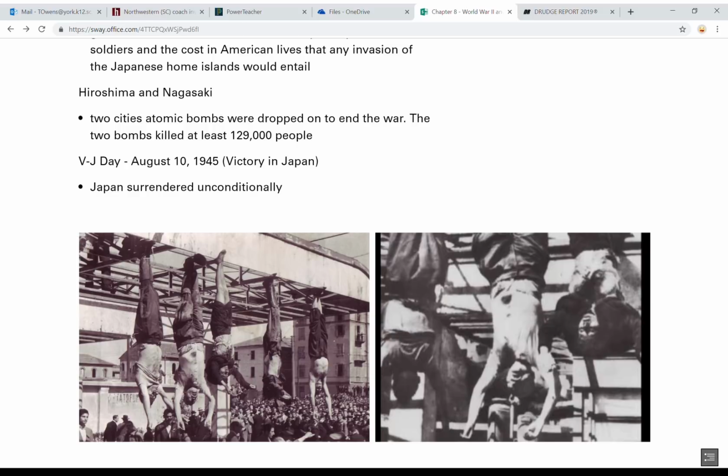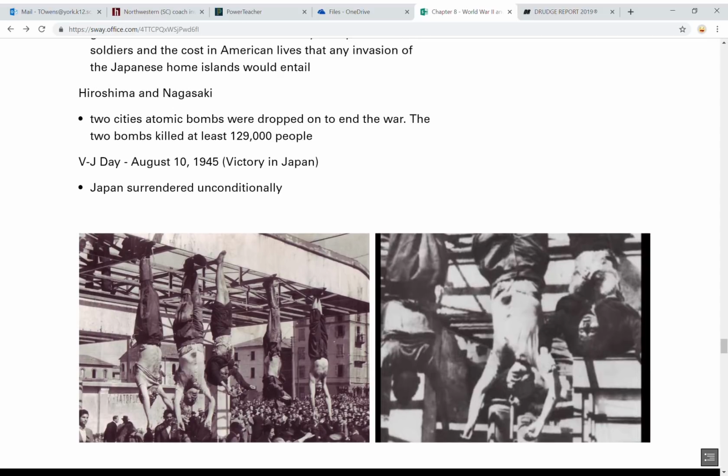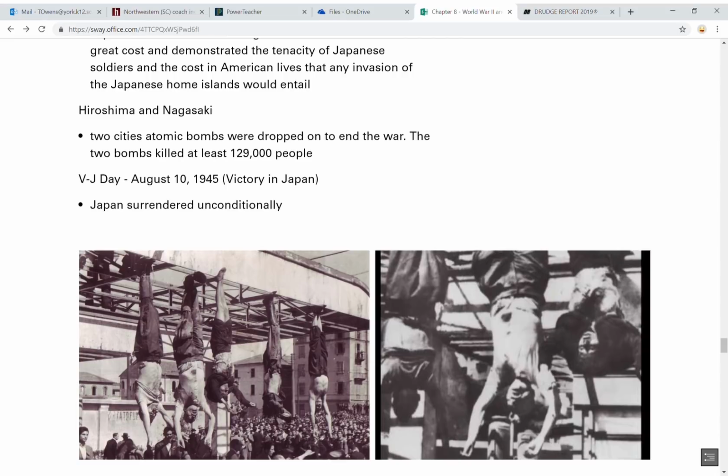And 2 are going to be dropped. The first one is on August 6th, 1945. And that is going to be dropped on Hiroshima. An estimated 80,000 people are killed. The Japanese do not surrender. And so 3 days later, on August 9th, they're going to drop a smaller bomb on Nagasaki, and around 60,000 are going to be killed.